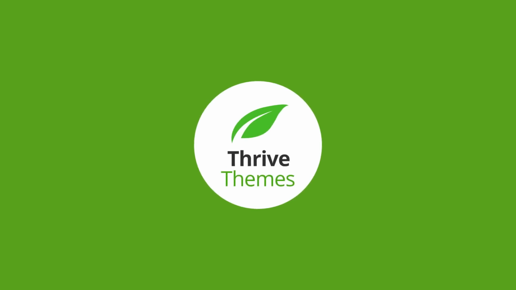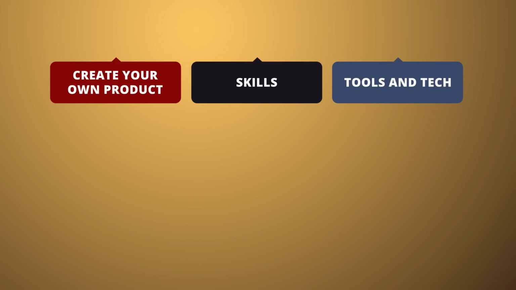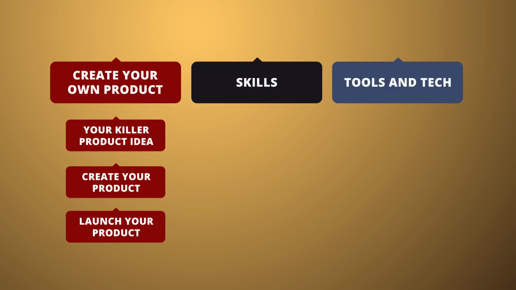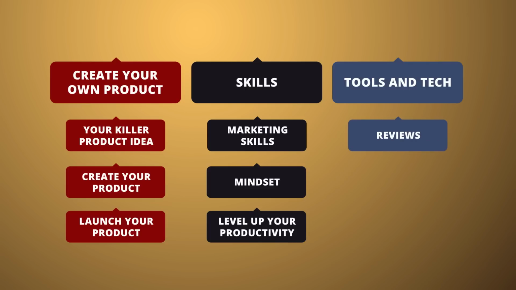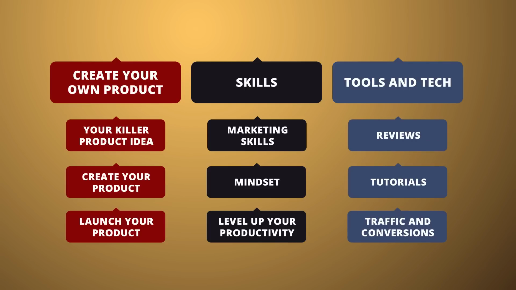In creating your product, I have your killer product idea, create your product, and launch your product. Then in the skills category, I have marketing skills, mindset, and level up your productivity. And finally, in the tools and tech bucket, I have reviews, tutorials, and then a category called traffic and conversions.